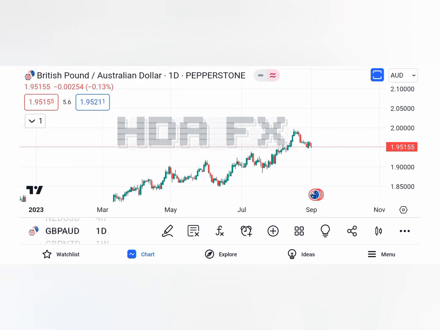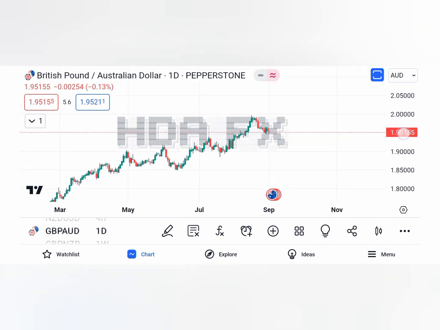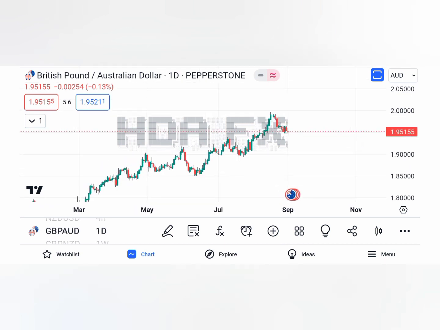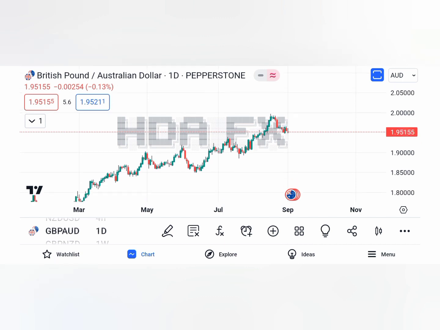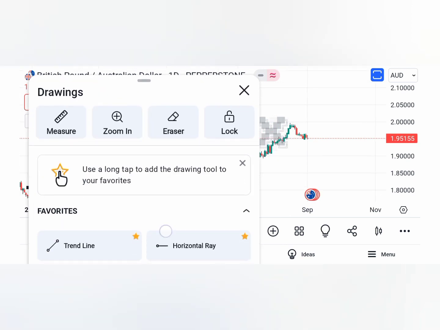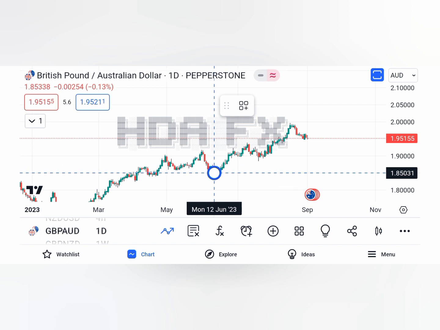So guys, looking at GBP AUD also, what do you think the trend is? If you have to ask yourself, what do you think the trend of the market is? For me, I'm going to say the trend is bullish. We are bullish on GBP AUD, because look at this. Let's start from this point here.